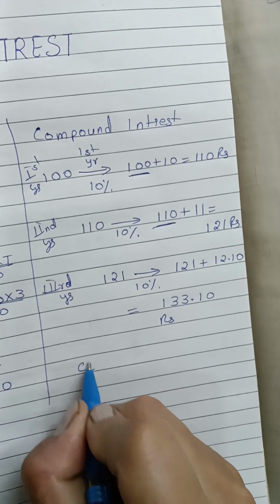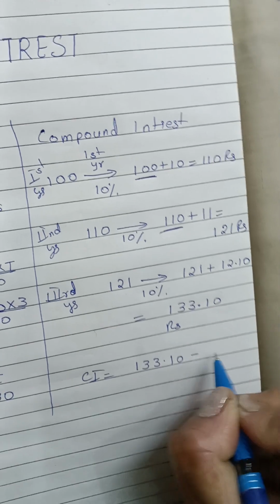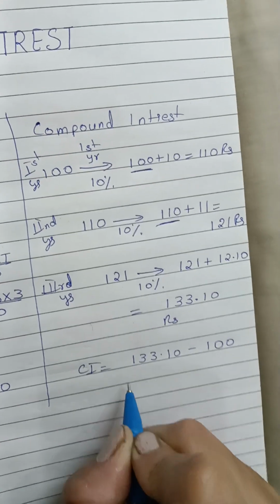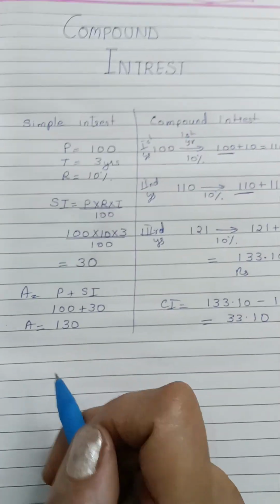So the compound interest will be amount minus principal, 33.10.